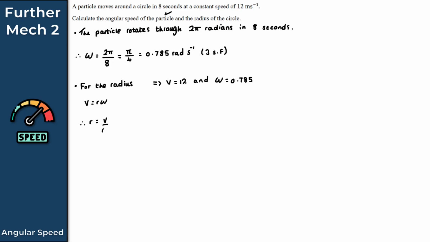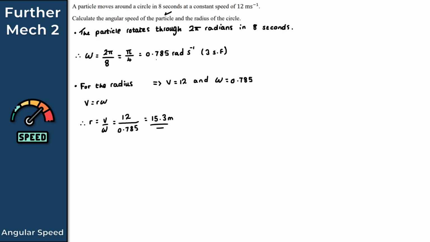So R is 12 over 0.785. Put this into your calculator, and if we round this to 3 significant figures, we get 15.3 meters.